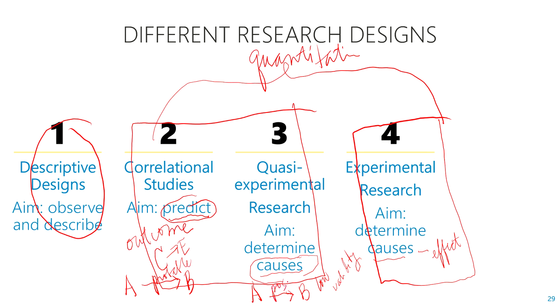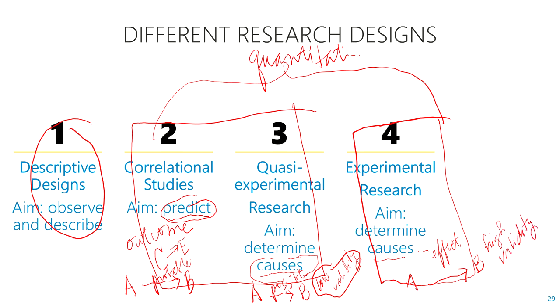This one is possible, but we are not sure. Sometimes it will, sometimes it won't, because there is low validity. Whereas in experimental research, we know that if A happens, then B is sure to follow because it has high validity.